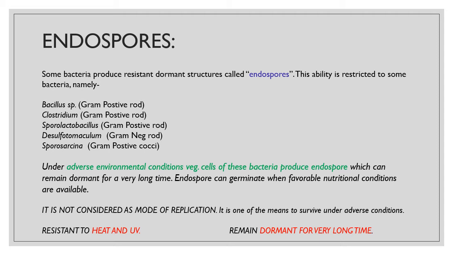Endospores are small spores which are produced by the vegetative cells of bacteria. They are very resistant and very dormant. That means the vegetative cell which has undergone endospore formation can remain viable for a long time. It will not grow and multiply, but it will remain viable.